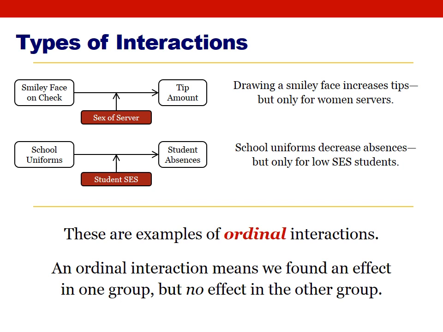For uniforms, uniforms predicted absences for low SES students, but uniforms had no effect on absences for high SES students. These are examples of what we would call ordinal interactions. An ordinal interaction means that we found a relationship for one group of people, for example, women, but we found no relationship for the other group of people, for example, men.